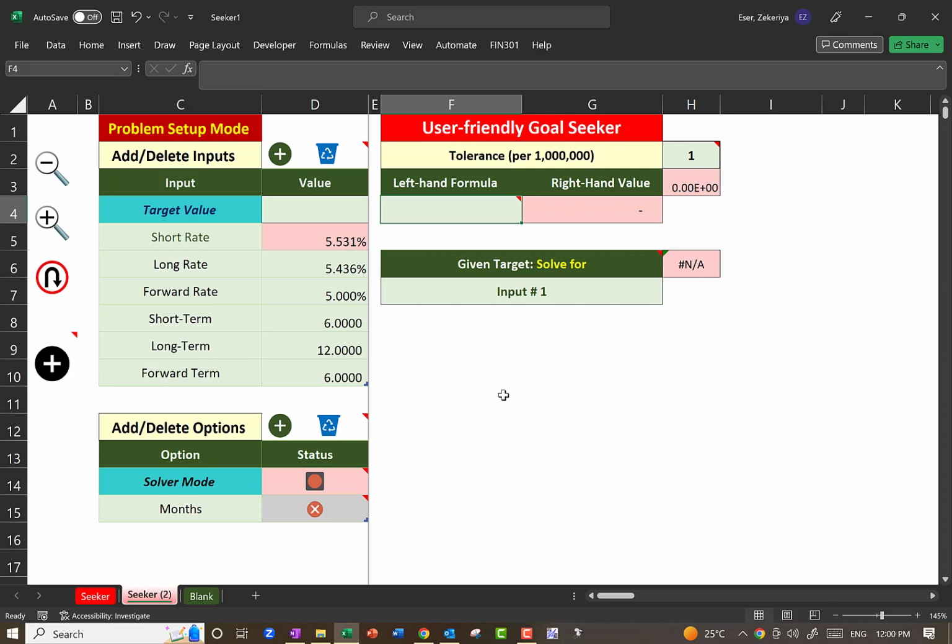Let me also put another one, even though nothing matters in terms of calculation. Option 1, cost.